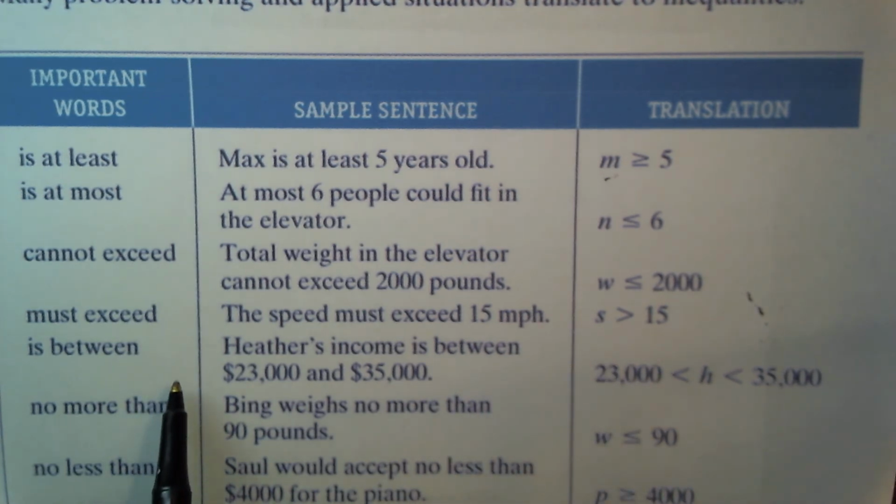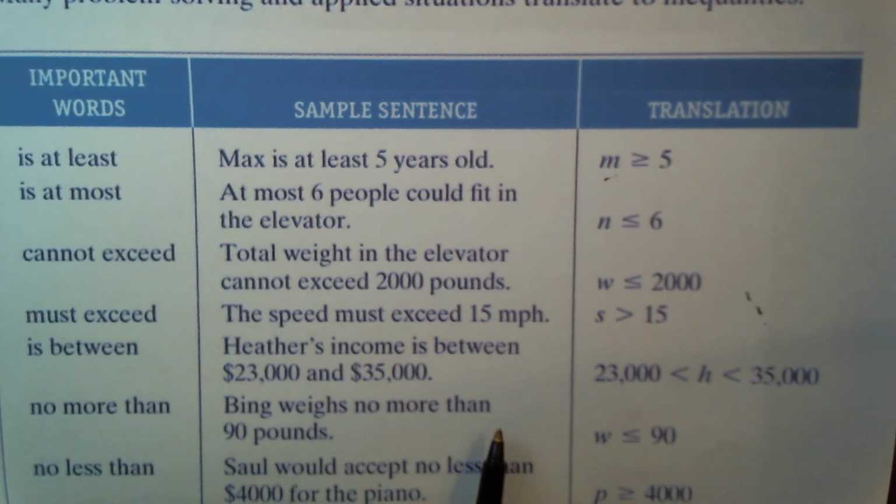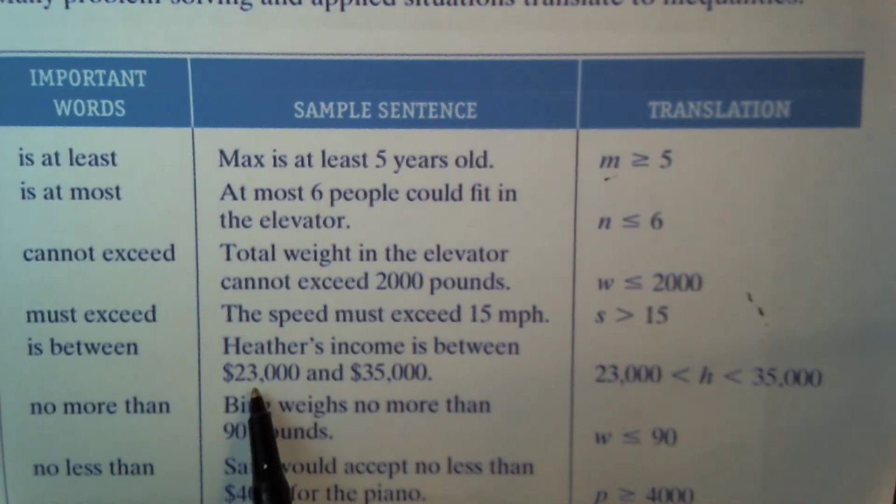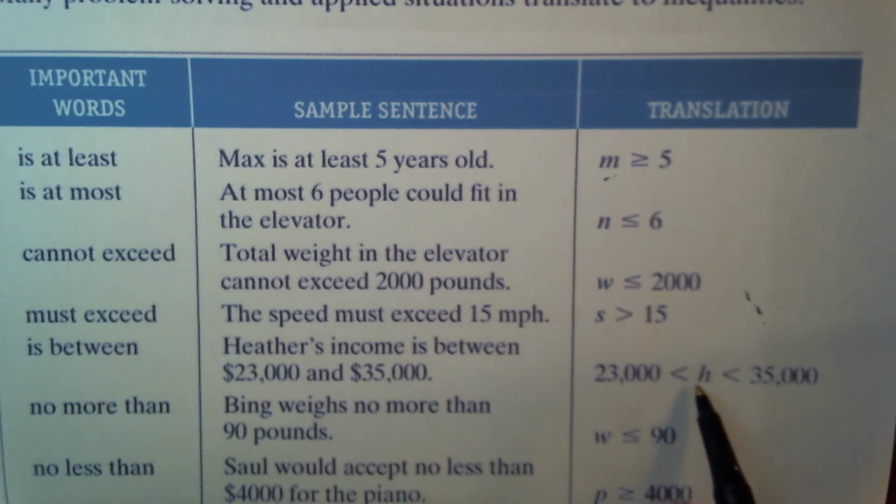And Heather's income is between $23,000 and $35,000, presumably per year, even though that doesn't matter. But if H stands for Heather's income, it's greater than 23,000 and less than 35,000. It's between. So the endpoints are not included. That's why we have inequality.